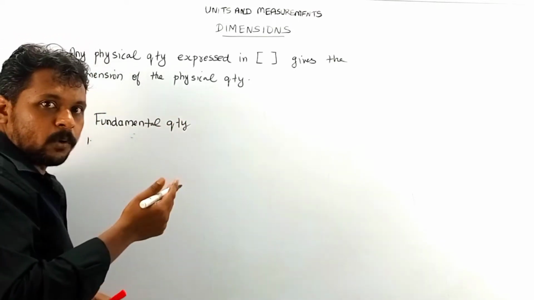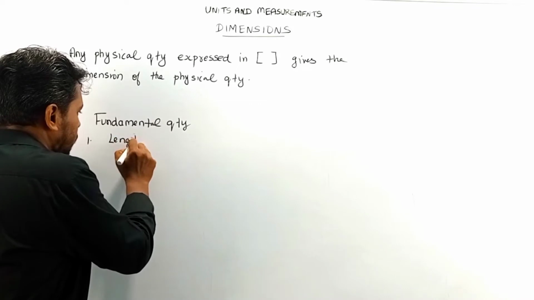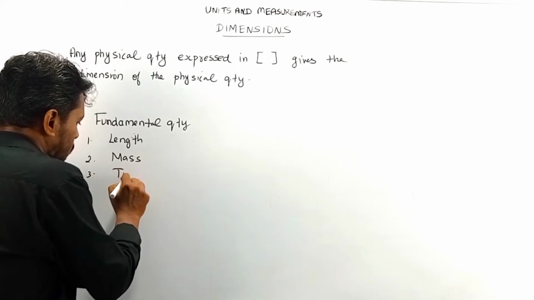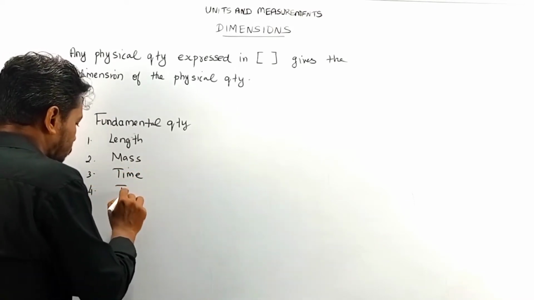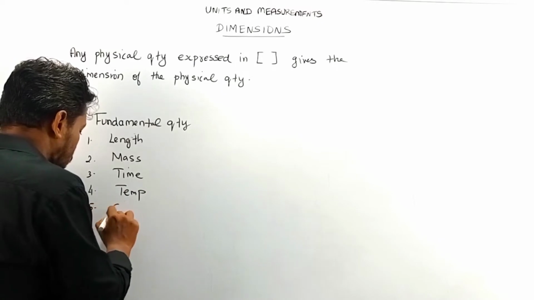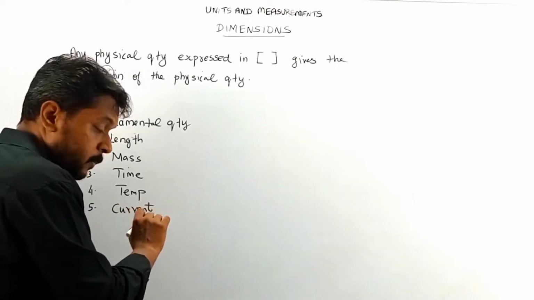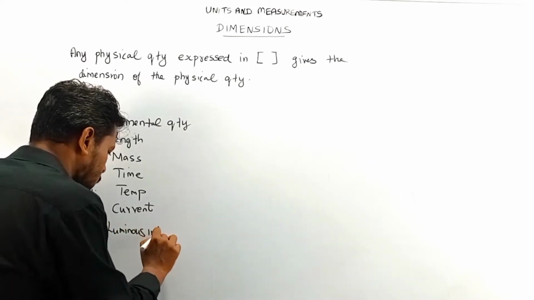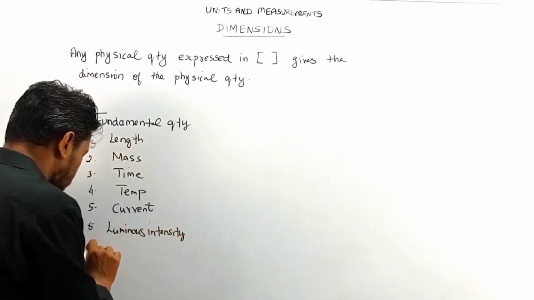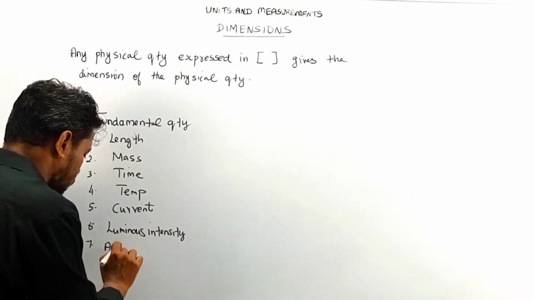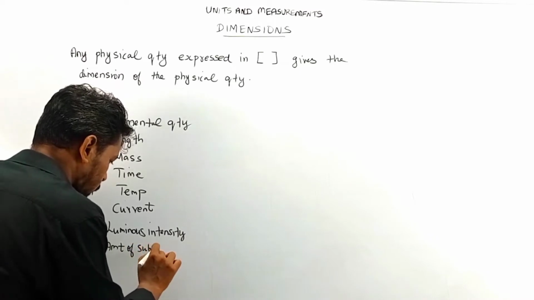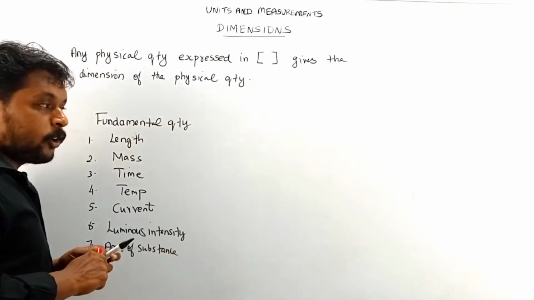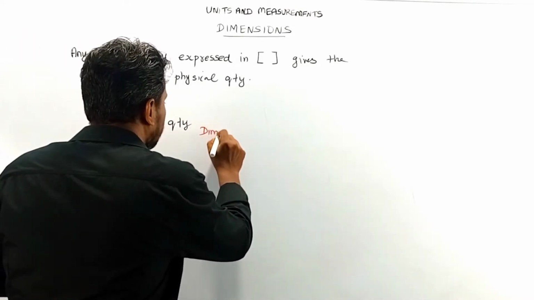We have 7 fundamental quantities: length, mass, time, temperature, current, luminous intensity, and amount of substance. Now I'm going to write the dimensions of these fundamental quantities.